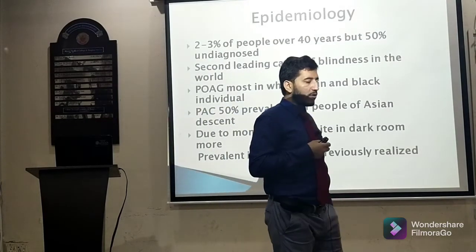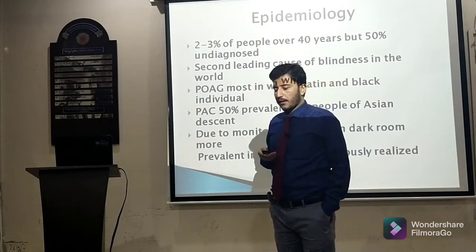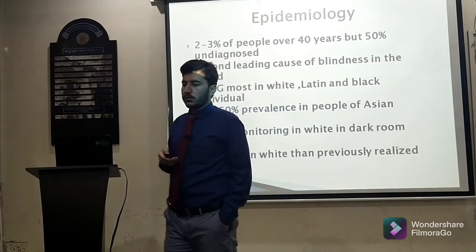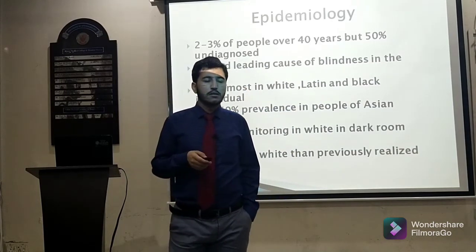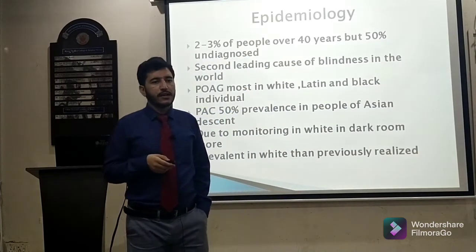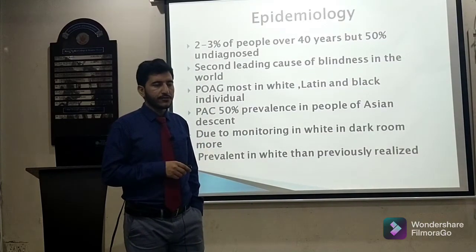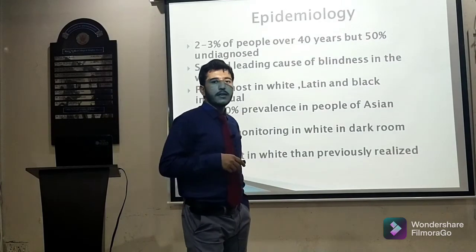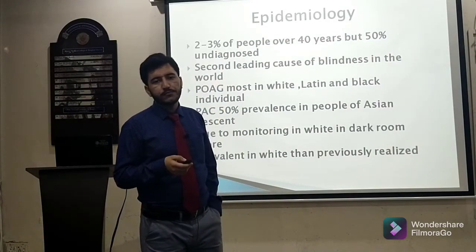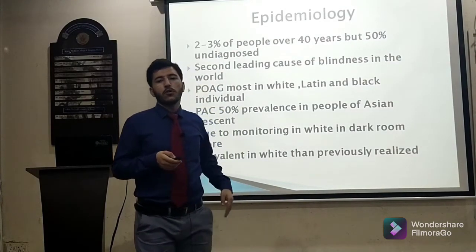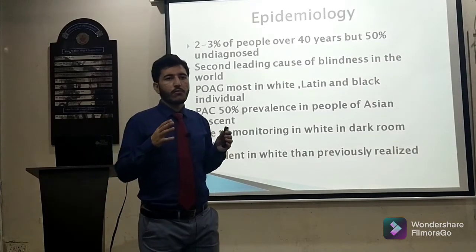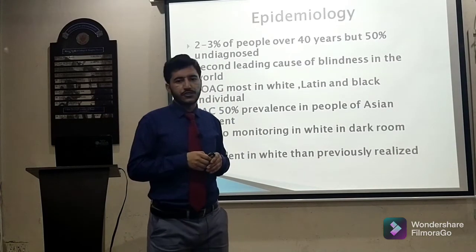Primary open angle glaucoma, which is also called simple glaucoma, is more prevalent in the white population, Latino, Hispanic, and black individuals. But primary angle closure glaucoma is more common in Asian populations.